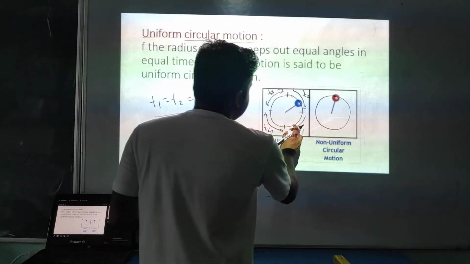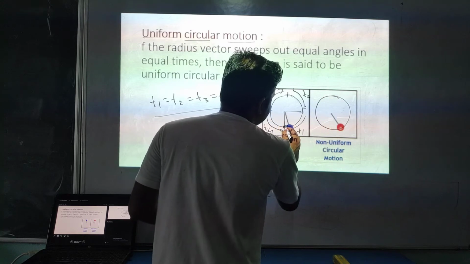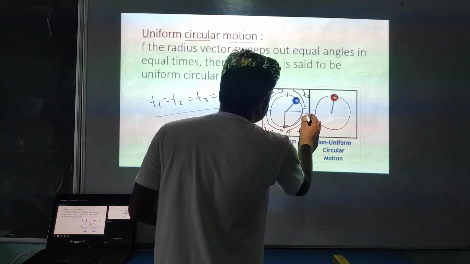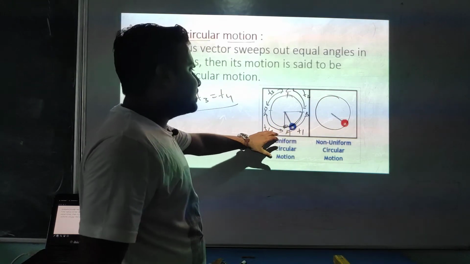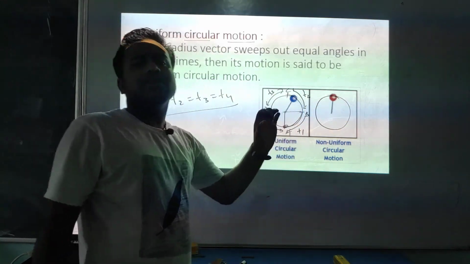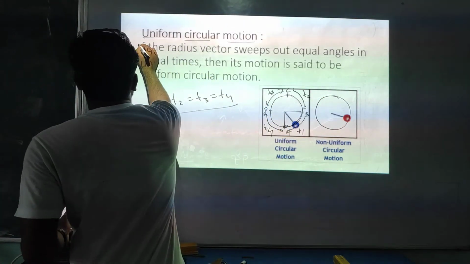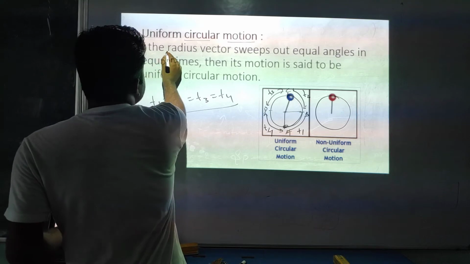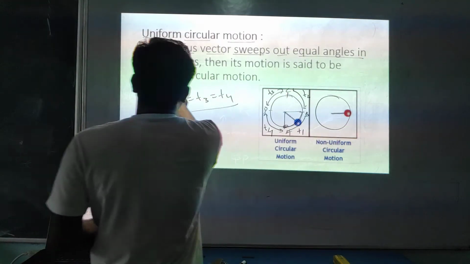Look at this, in every case how much time this bob takes to move from A to B, B to C, C to D. Similarly, the time is the same in every interval. It means you can say, as written here, the radius vector sweeps equal angles in equal time.